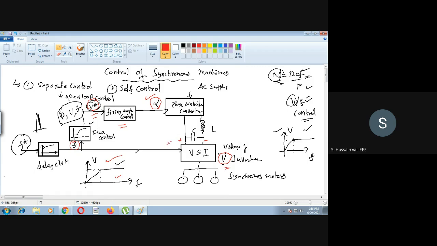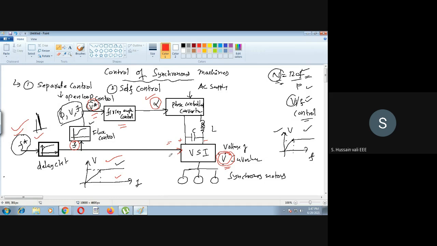This is separate control. Whenever you want to change the speed, you change the frequency here. You set the frequency here. Based upon the frequency you set here, the voltage will be generated, and similarly the speed will change. You see the same frequency signal is coming to your voltage source inverter.